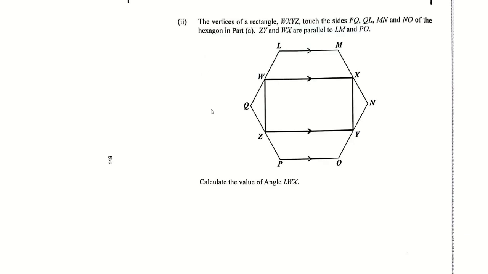Now they said in this question the vertices, which is where two or more lines touch or intersect, W, X, Y, Z, touch sides PQ, QL, LM, MN, and NO of the hexagon in part E. They tell you that ZY and WX are parallel, and LM and PO are parallel.